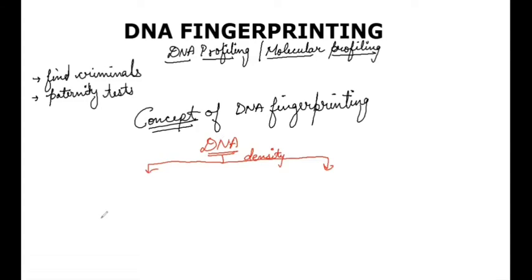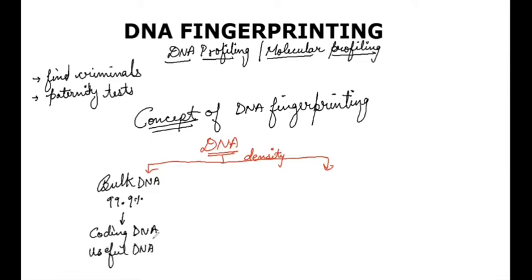The first one is bulk DNA, which is present in the larger amount, around 99.9% of the genome. This bulk DNA is known as coding DNA, or useful DNA.